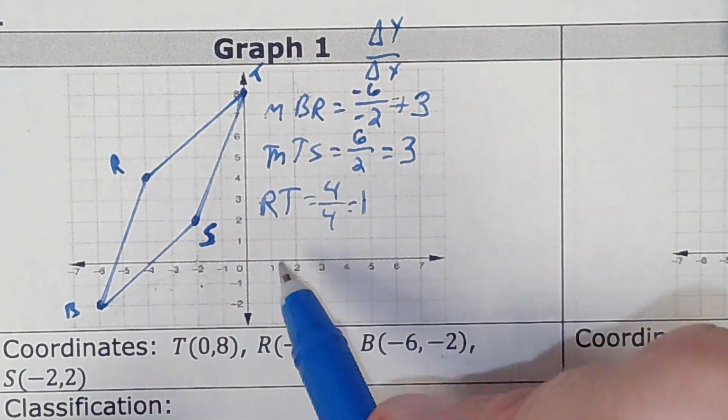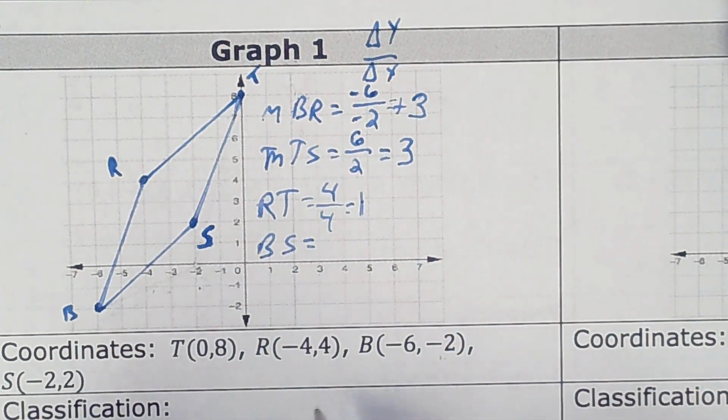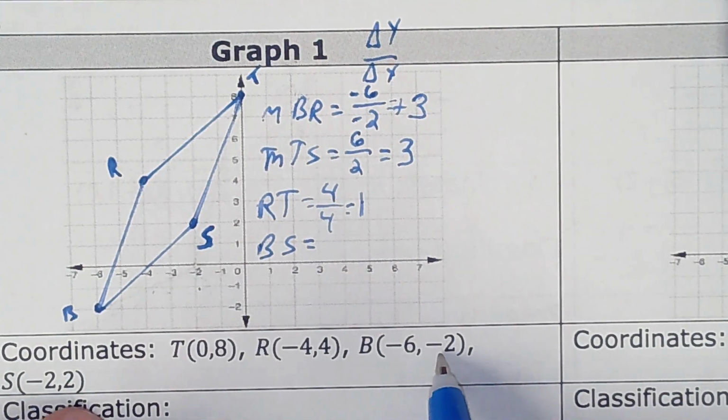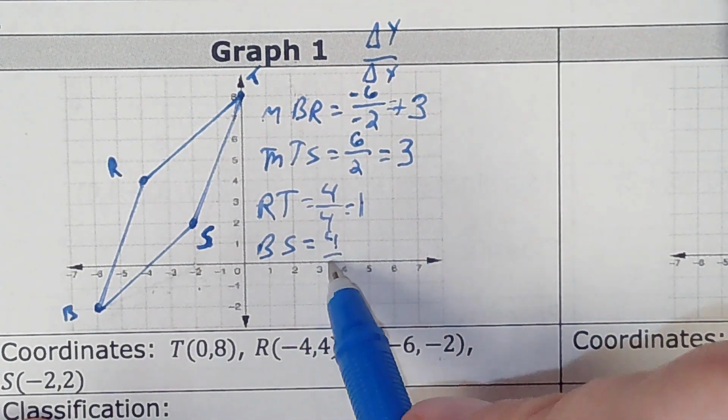So if I look down at BS, my slope for BS should be a 1-to-1. Right, so -2 to 2, that's 1. Okay, let's see, that's 4, and that's 4, so it's 4 to 4, which is 1.